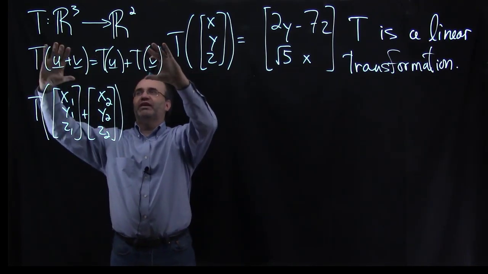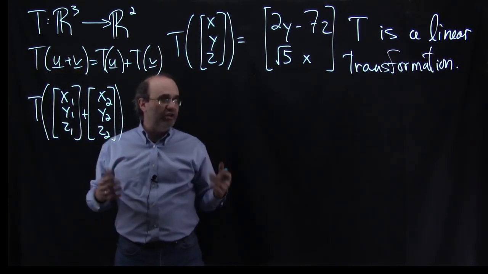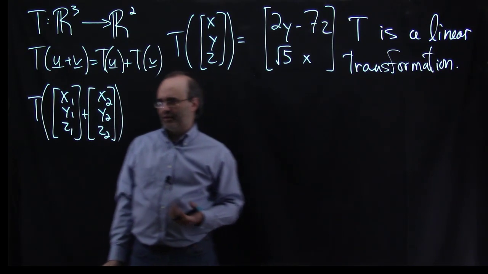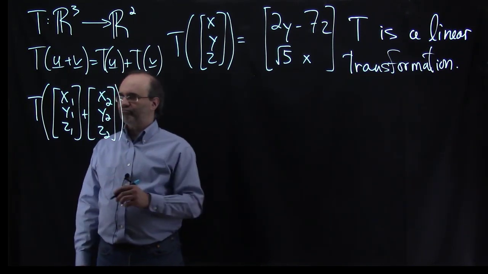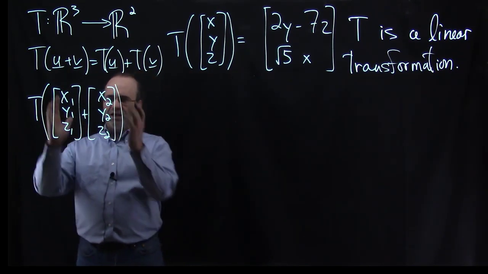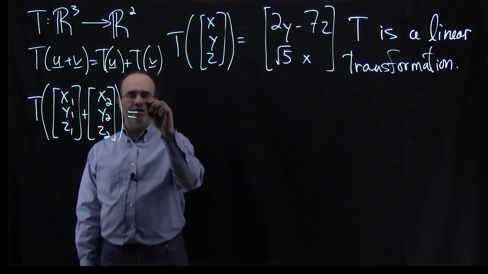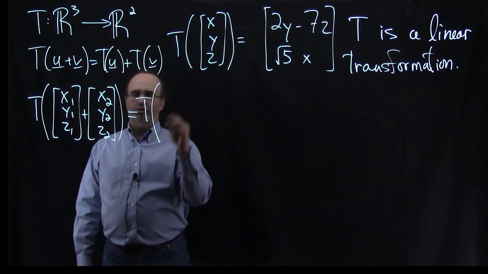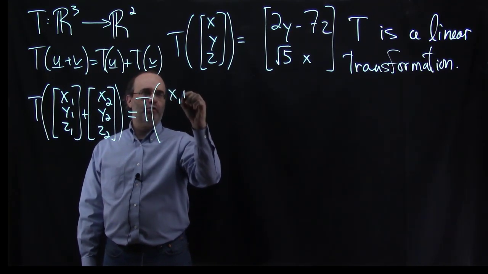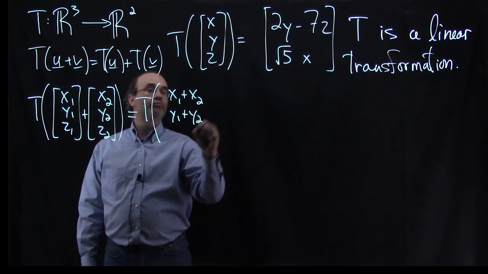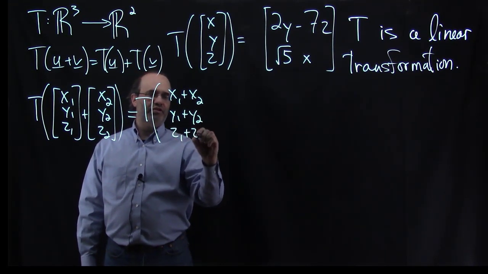I should not just check this for two specific vectors u and v. I have to check for any vector, so I have to keep using these variables. I want to apply T to this sum, so I have to compute the sum first. The sum will be the vector with components x1 plus x2, y1 plus y2, z1 plus z2.